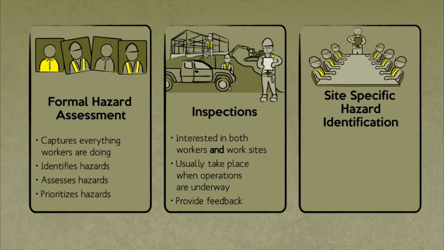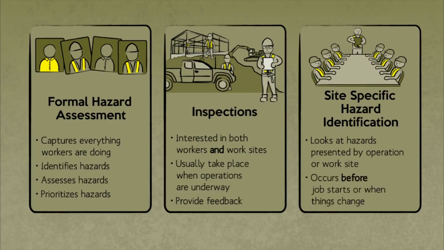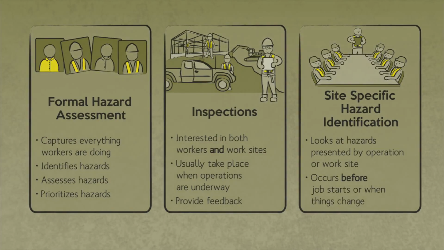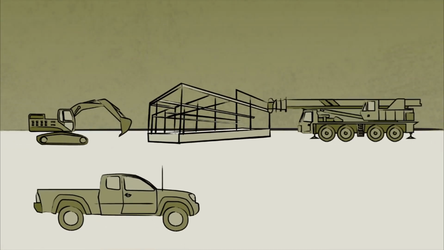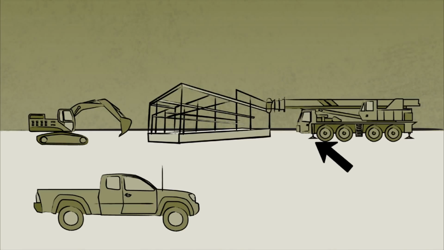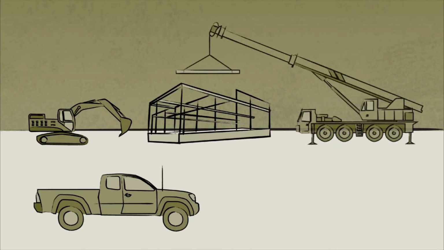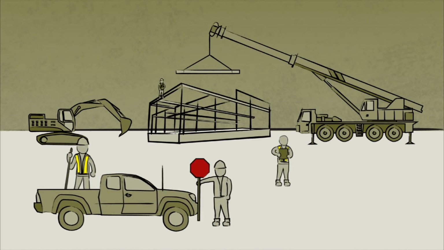Site-specific hazard identification looks at the hazards presented by a particular operation or work site before the job starts or when things change. Hazard identification and assessments anticipate what an individual will do or how an operation will proceed, and controls are based on that. Inspections look at what individuals are doing and how operations are proceeding and enable adjustments on the fly and adjustments to the hazard assessments and controls.